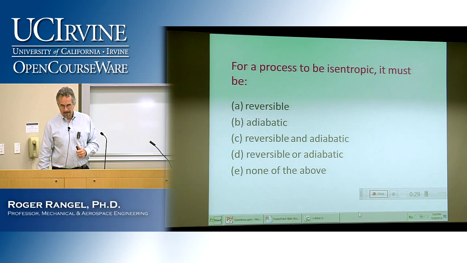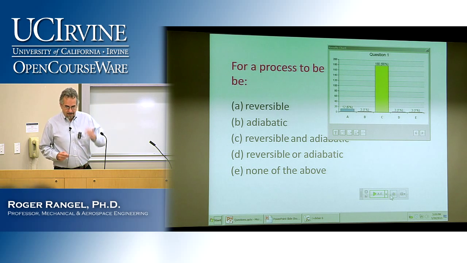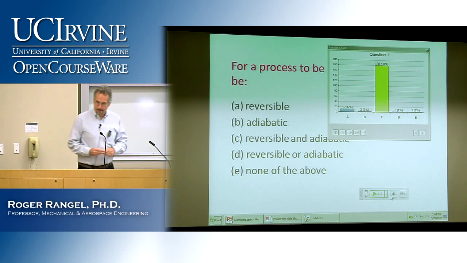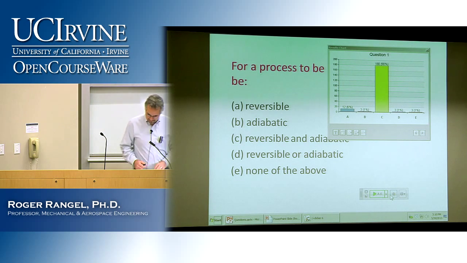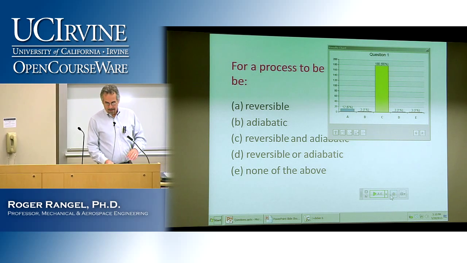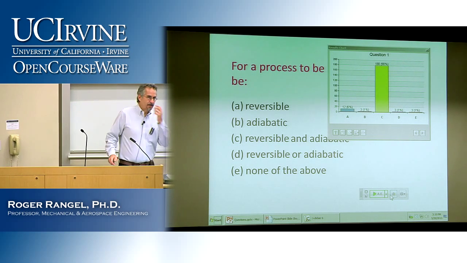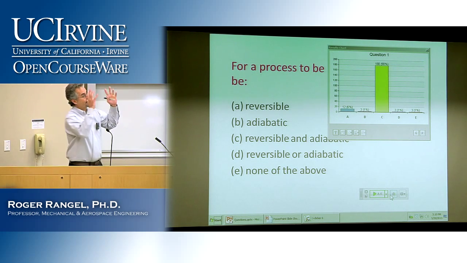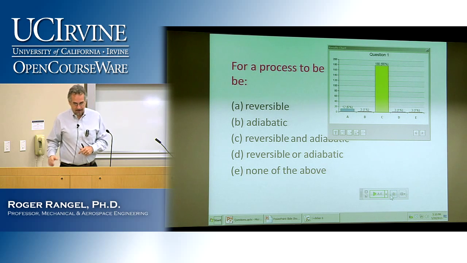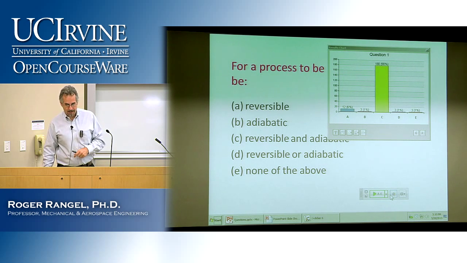I didn't remember that. You're going to miss these easy points. Okay, closing it. Today's lecture. Okay, yeah, most of you are paying attention. It has to be both, right? Reversible and adiabatic, right? Just look at the equations today. The equation that we wrote for the change in entropy, it has the heat transfer term and it has the entropy generation term.